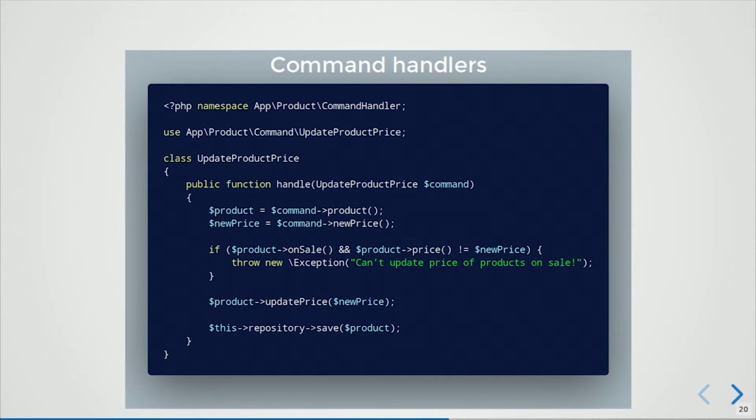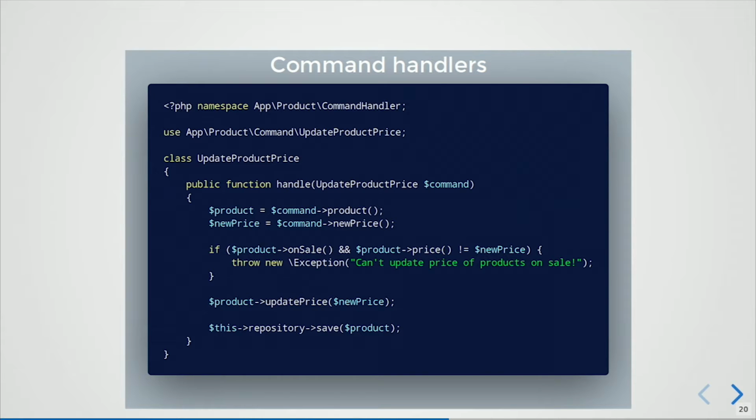Now, once a command handler receives that command, this is where the always valid command comes in. Because now the command handler is certain: I received this command, and by the mere fact that it received that command, it knows the command is okay to be processed.